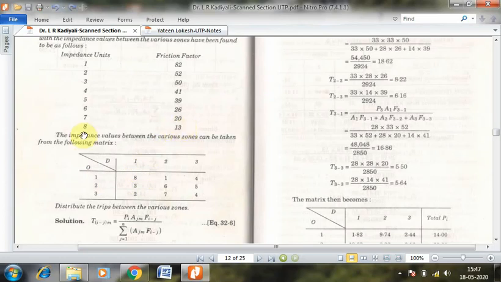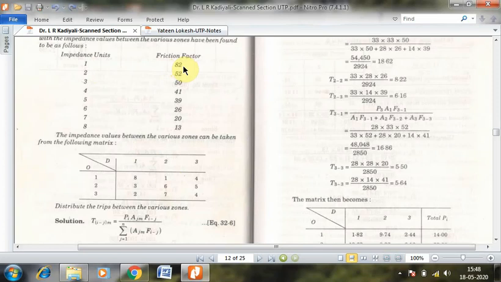If it is 8, then corresponding to that the friction factor to be considered is 13. If the impedance unit between zone 1 and zone 2 is 1, then corresponding to this impedance unit the friction factor is 82.